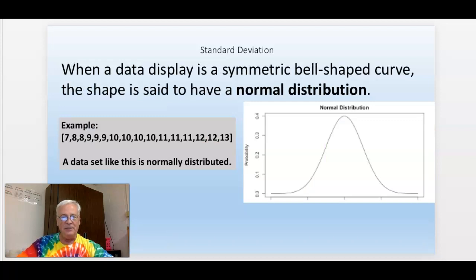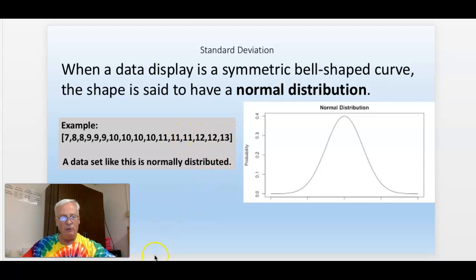Now, when a data display is symmetric and bell-shaped, the shape is said to have a normal distribution. If you look at the set of data right here, this has a normal distribution. 7, then 2 8s, then 3 9s, and 4 10s, like that, 3 11s, 2 12s, and 1 13.